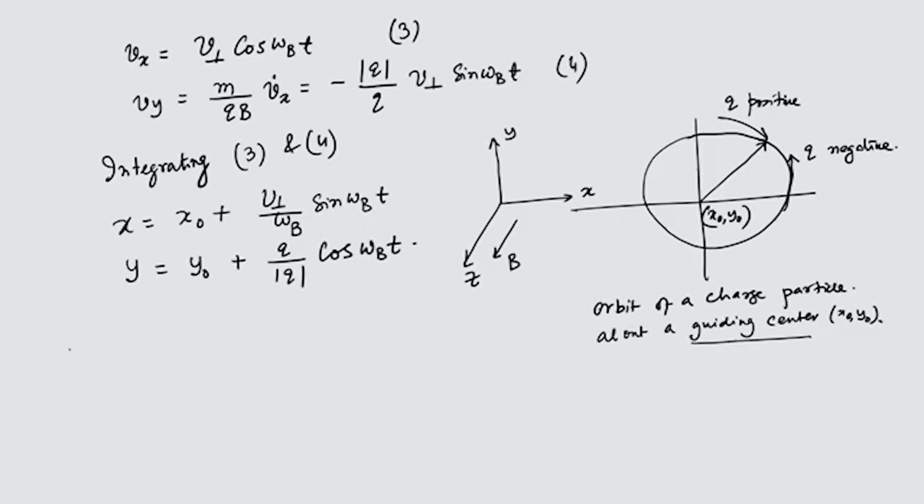So let's look at case 2 now, when we'll talk about E not equal to 0, B not equal to 0. Okay.